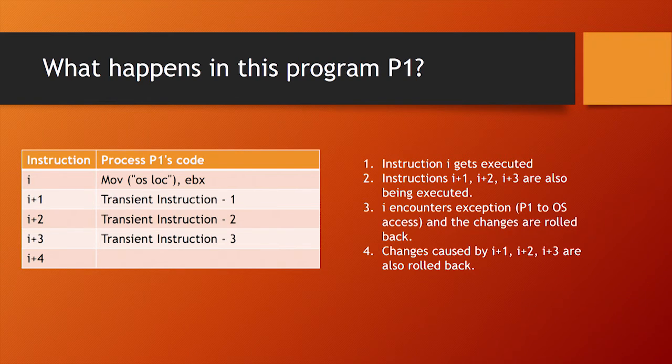After curing this exception, I start running I, I plus 1, I plus 2, I plus 3 again, that is the correct way of doing it. But it is quite a large amount of time. So when I encounters an exception due to OS access, all these changes done by I plus 1, I plus 2 and I plus 3 are annulled, or we call it rolled back.